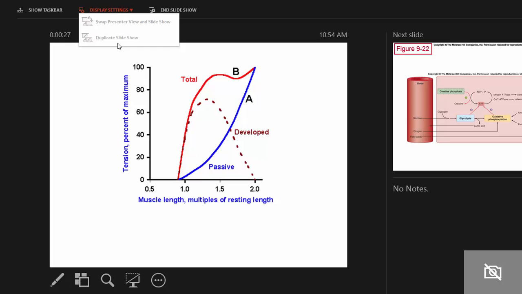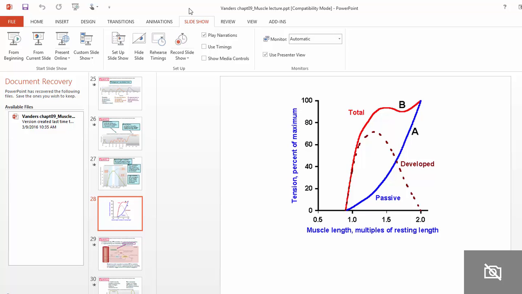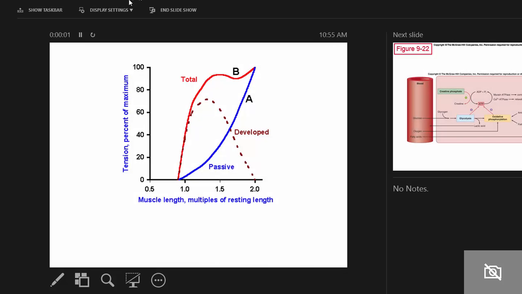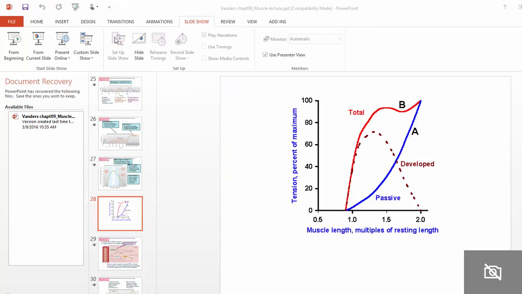So this is the graph. I don't want this view though. Slideshow from current slide. Sorry, it's been giving me issues today. I apologize. Here we go. Duplicate.